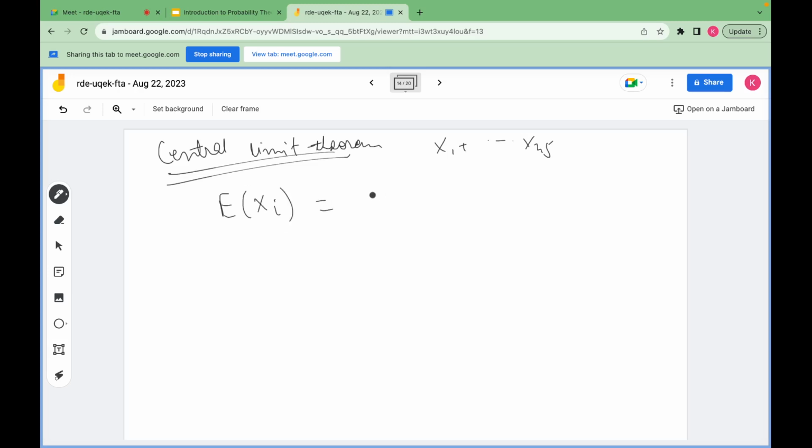It will be 0.6 into 1 plus 0.4 into minus 1. This will be 0.2. Then we need to find the variance of xi.